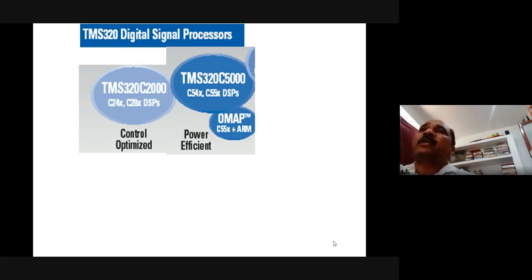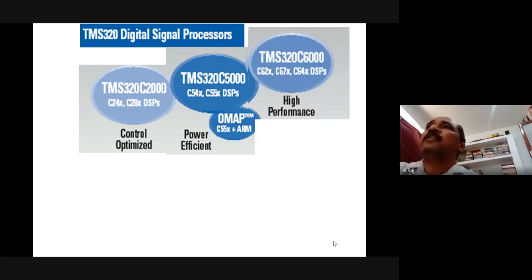It has the features of the ARM processors also, and these processors are used for power efficient purposes. The third generation is the TMS320C6000, having the C62X and C67X, as well as the C64X DSPs. These are digital signal processors, used for high performance purposes.